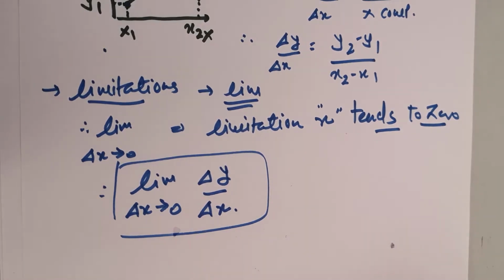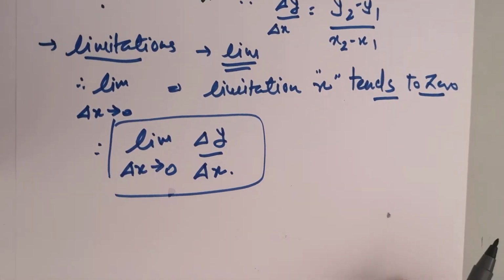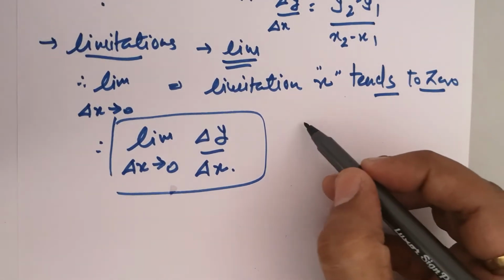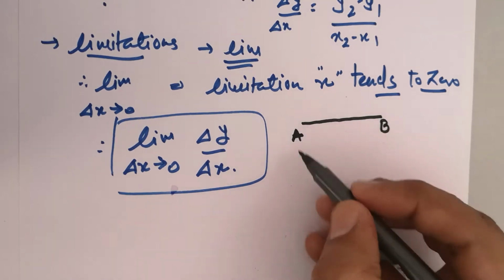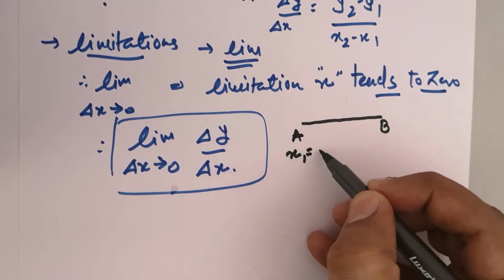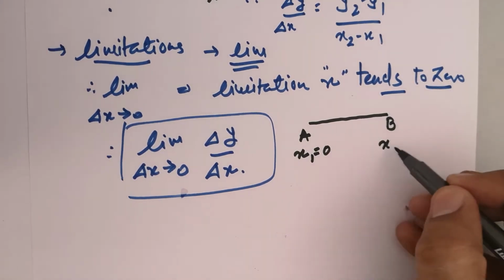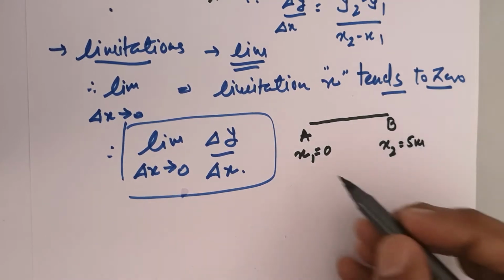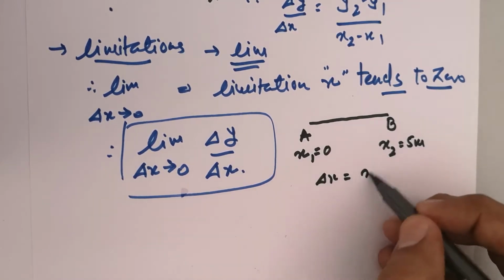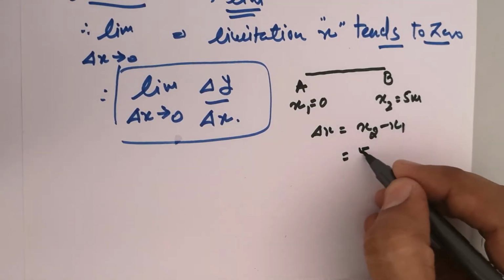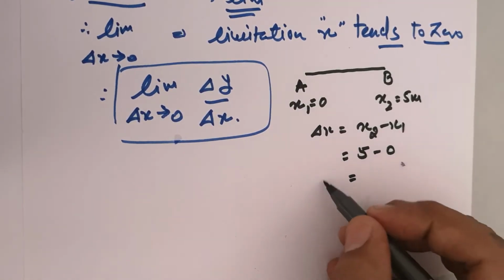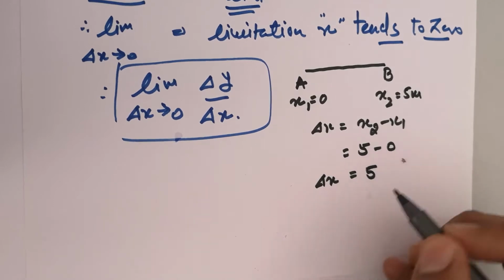Whenever we have only two points and want information about only two points, let's say I have one point B and another point A. This is on the x axis, that is why I am mentioning that x1 equals 0 and x2 equals 5 meters. So my delta x will be x2 minus x1, which is 5 minus 0. So my delta x is 5.